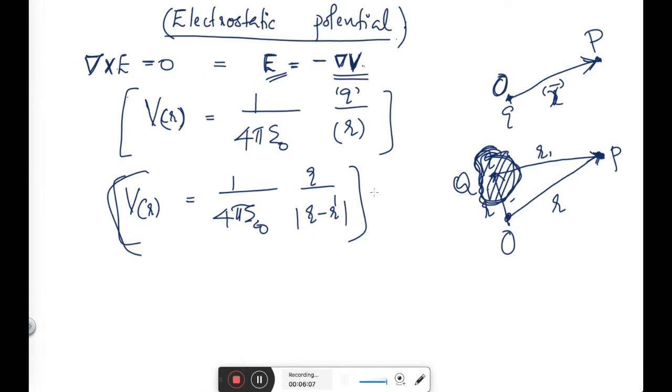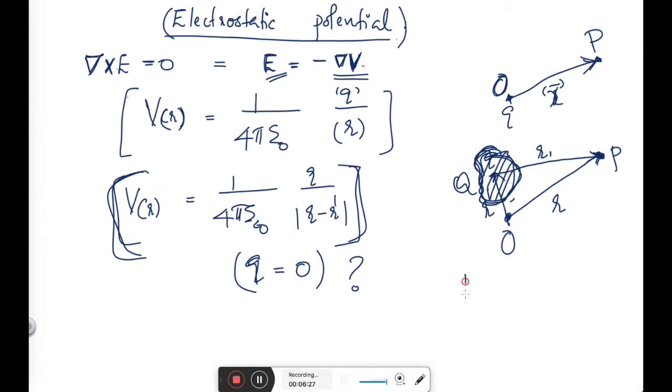The same expression comes in simplified. But what happens if the total charge Q is equal to 0? Will the potential be 0? The equation seems to say that when Q equals 0, the potential has to be 0.